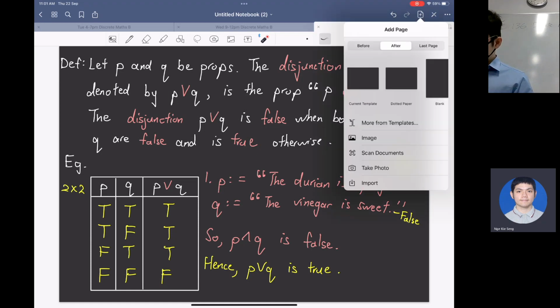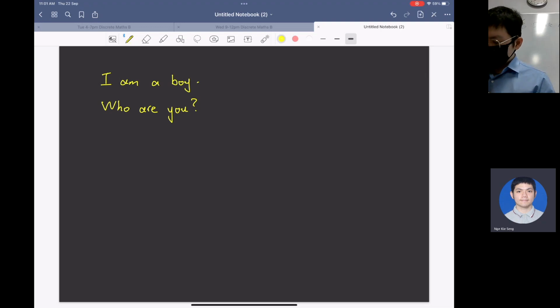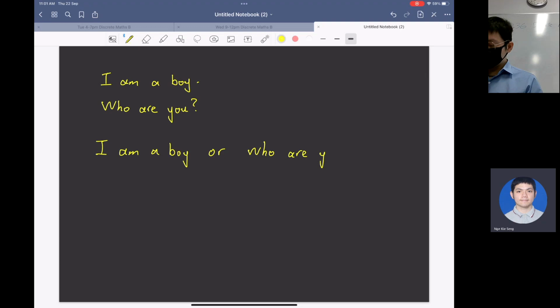For example, who are you? I am... I can't say I am a boy or who are you. I can't put these two together, because who are you is not a proposition. So disjunction is an operator that takes two propositions and gives you one proposition.